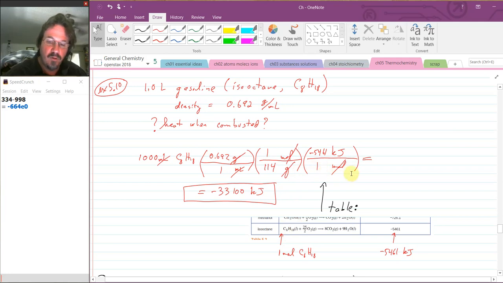For every 1 mole of isooctane, I'm getting 5461 kilojoules of heat. So just like the stoichiometry problems or all these other problems that we do, we're just lining them up, canceling the units, putting them in where they need to be. That all equals negative 33,100 kilojoules. A lot of heat given off. That many kilojoules for every 1 liter of gasoline that burns.